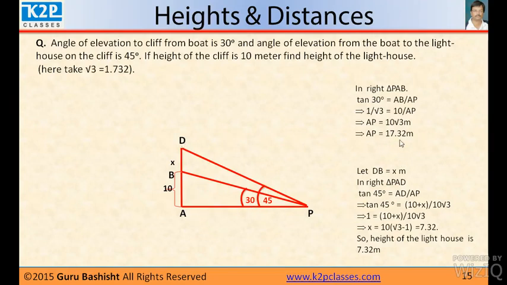So if the base is 17.32, naturally the total height has to be 17.32, because tan 45 value is 1 and tan 45 is height by base. So when will it come 1? When height and base are the same. So the total height is 17.32 and this much height is 10. So what is the rest of the height? That means the height of the lighthouse, 17.32 minus 10, that is 7.32.